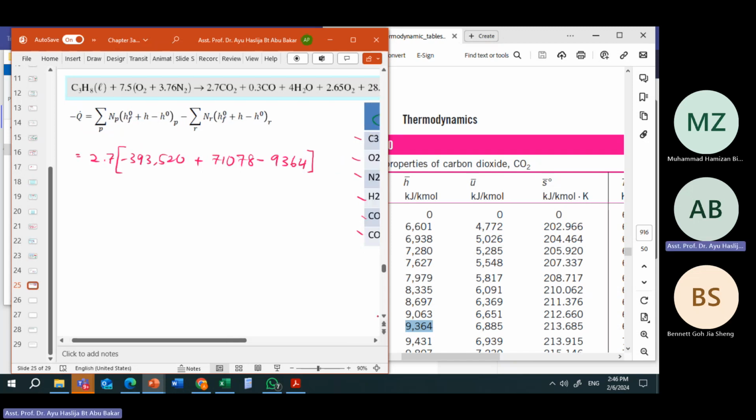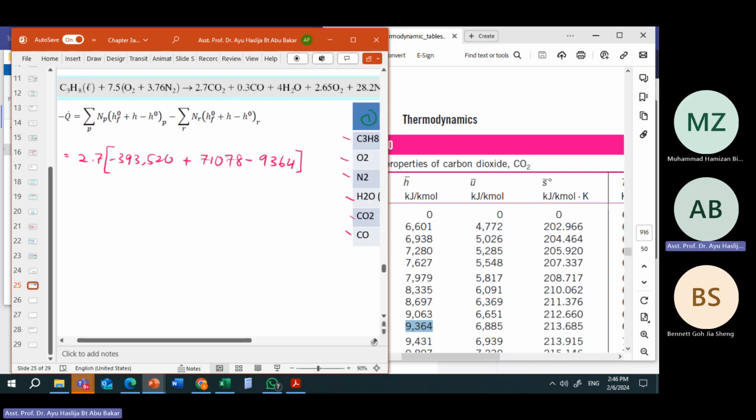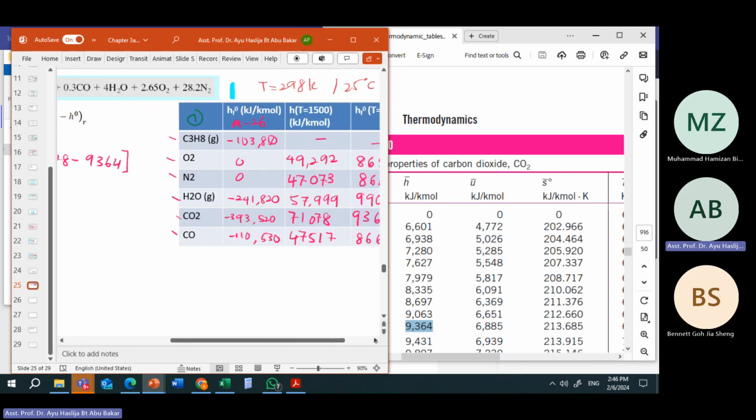Dalam exam ada markah untuk tulis. Kalau exam, usually markah yang you cari value for the HF, apa semua ni pun ada marks. Maksudnya table ni ada mark. Table ada marks.